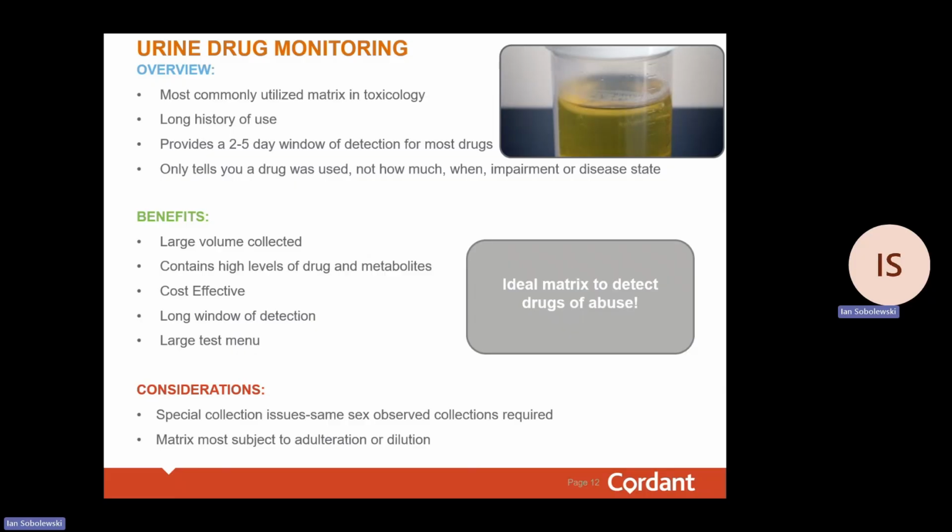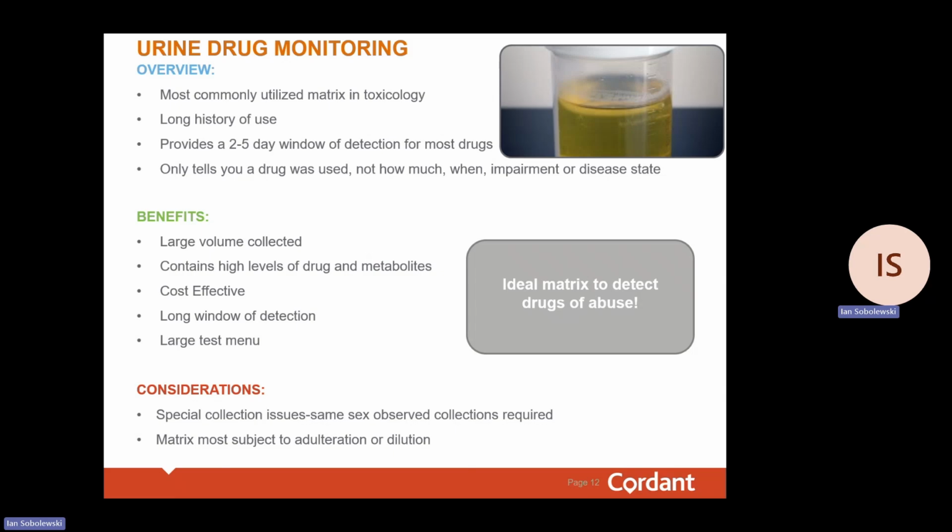It does a good job of looking at and picking up levels of both parent and drug metabolites. It's typically the most cost-effective of the three drug testing matrices. We have a good detection window, and we have a very large drug testing menu for urine.